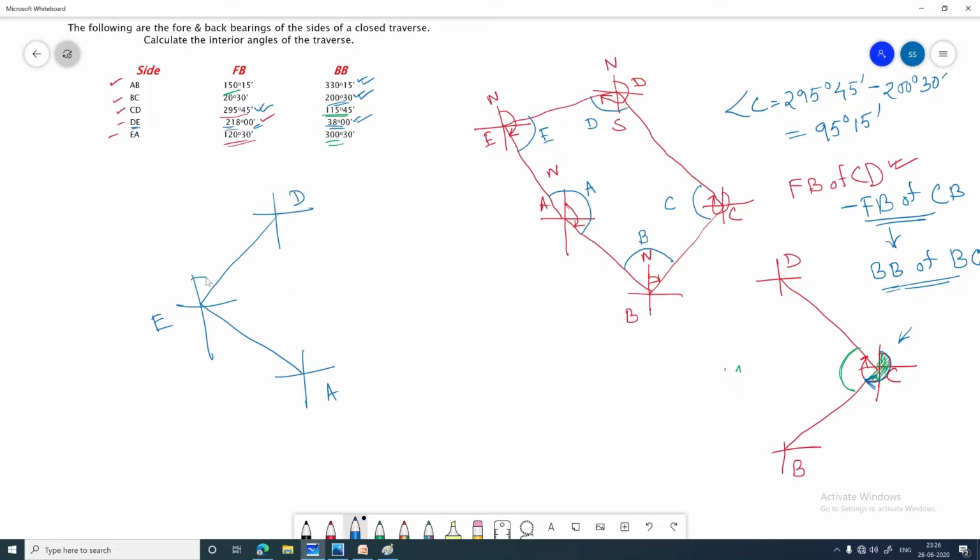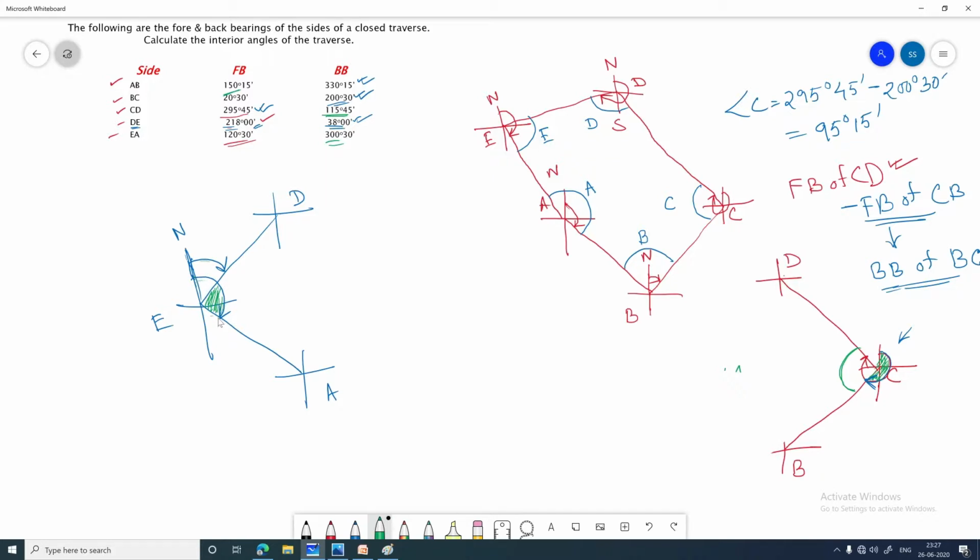So we know this angle as well as we know this angle. This is the simple one actually, because there is no problem of exterior and interior. You can directly determine. Here you need to determine this particular angle, so you can deduct this angle from this total angle.